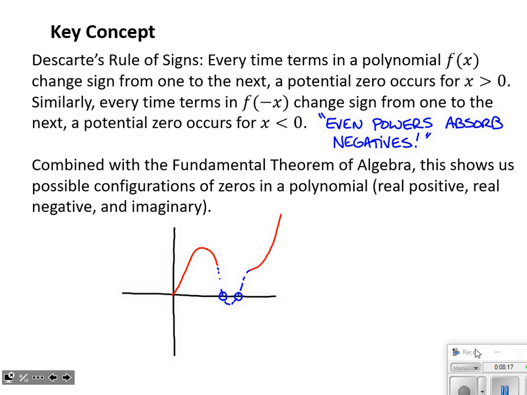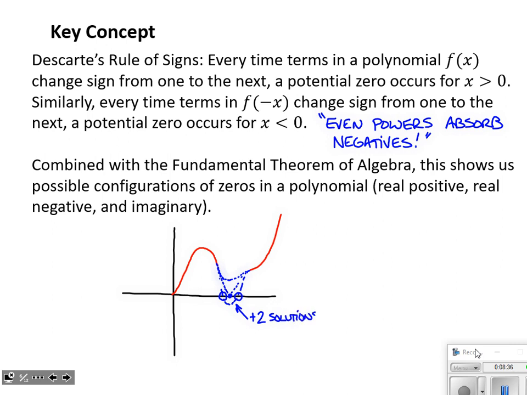Maybe they caused no crossings, and just maybe it was enough to just brush the x-axis. Either way, our gain is 2 solutions because of that multiplicity, that husband, wife, brother-in-law.